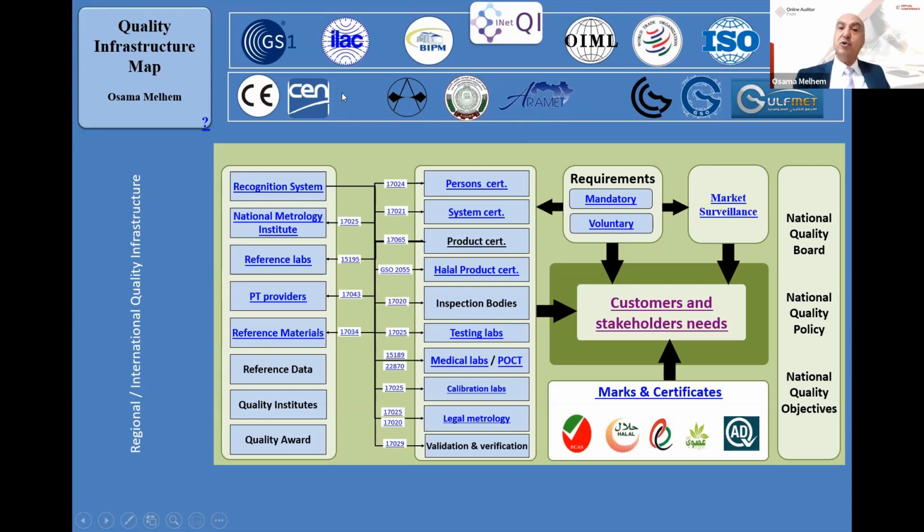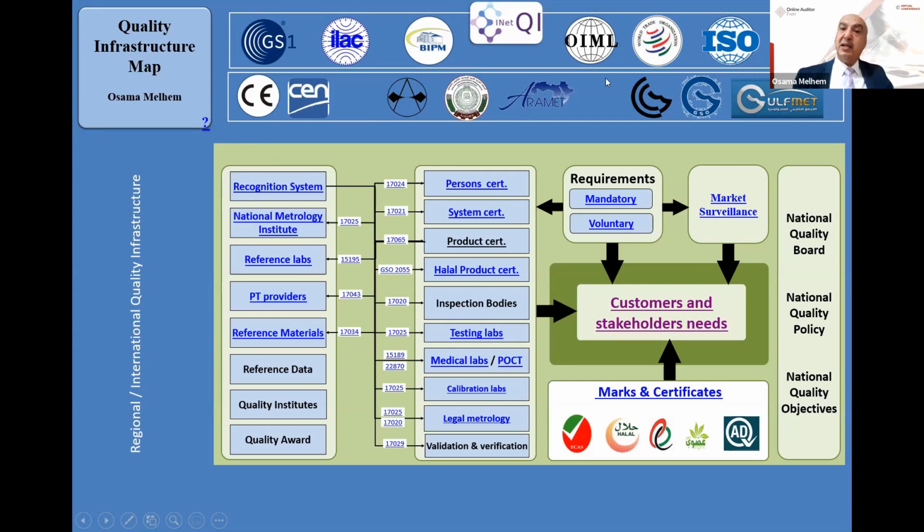In Europe, we have also similar bodies: Euramet for metrology, WELMEC for legal metrology, CEN and EN for the standards, and we have similar things. And we have also, for example, the CE mark, and plenty of other marks, but this is the main. So these are the regional level.